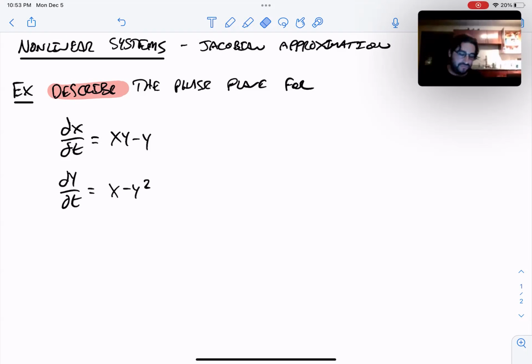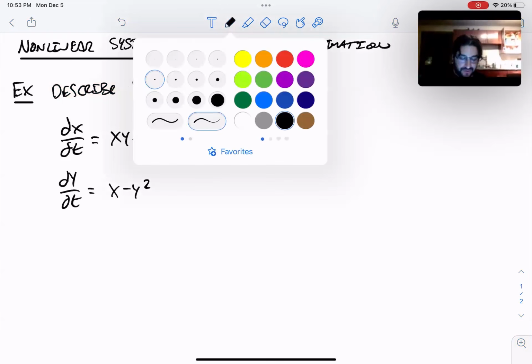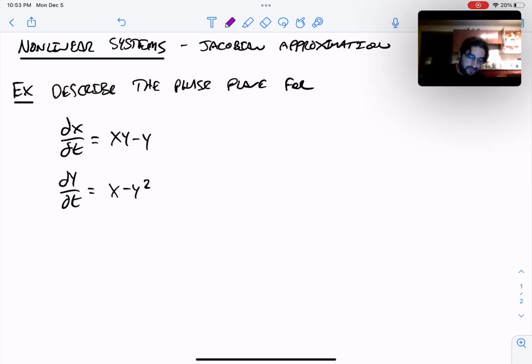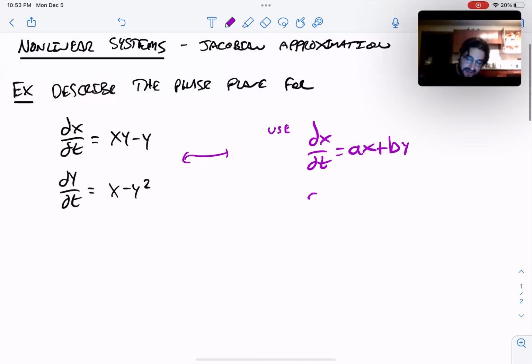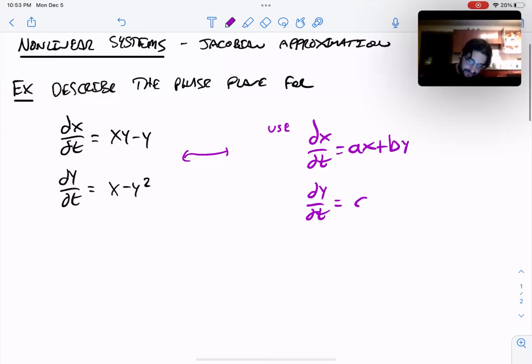So here's the idea: we know how to solve linear systems, right? That's what we really understand. So the goal is to use our knowledge of systems that look like this: dx dt equals ax plus by, dy dt equals cx plus dy.